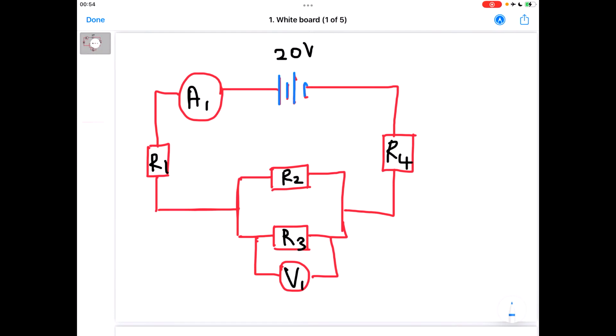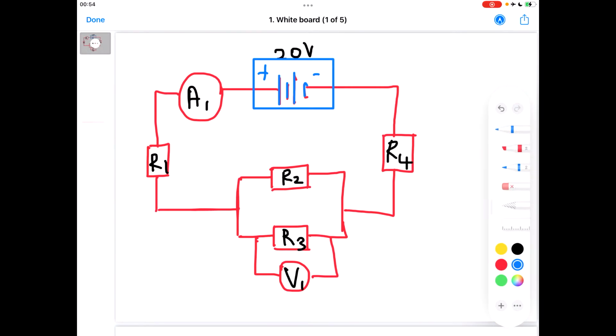The long line represents the positive side of the cell, and the short line represents the negative side. These two combined are called a battery, because I just said two or more cells combined together is a battery.